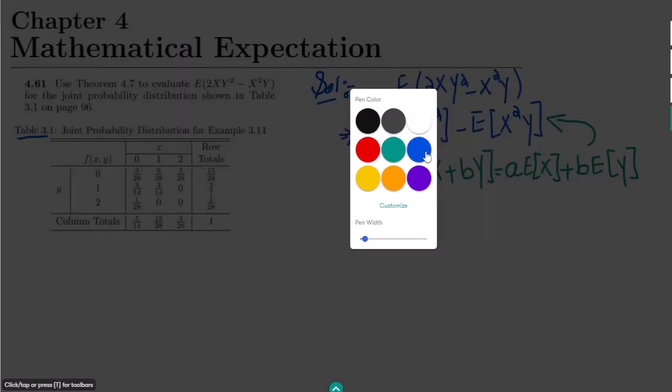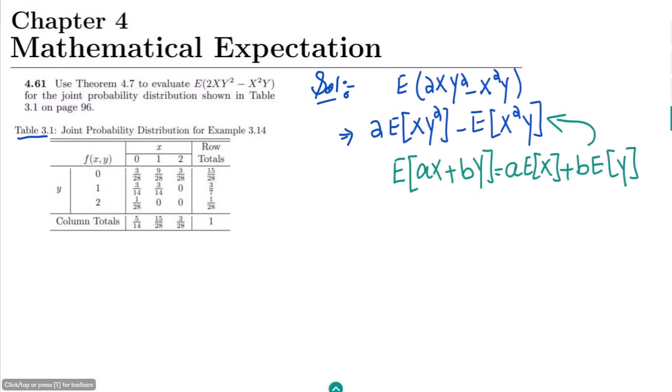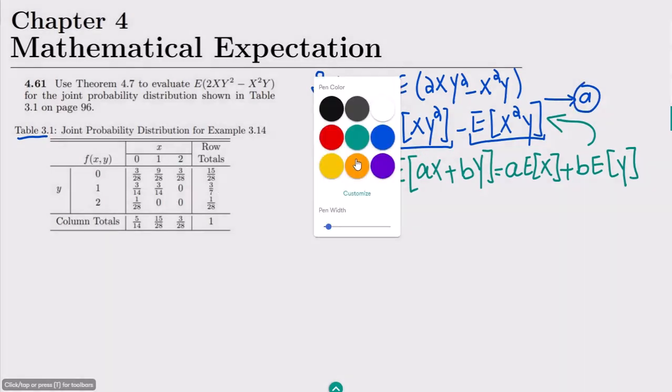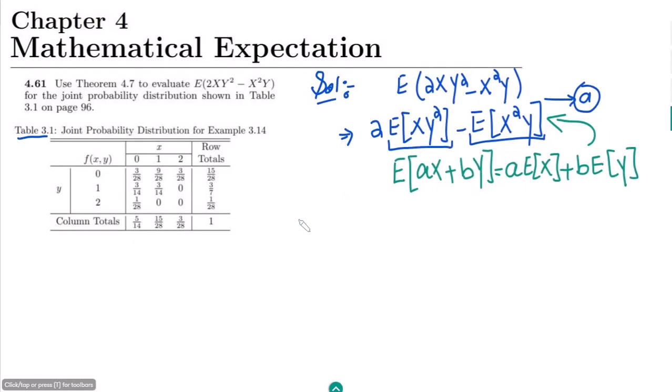Now here in this question, in order to find the values of this and this, what do we have to do? First of all, let me call it equation A. Okay, and from it, let me first find out the value of E of xy square.